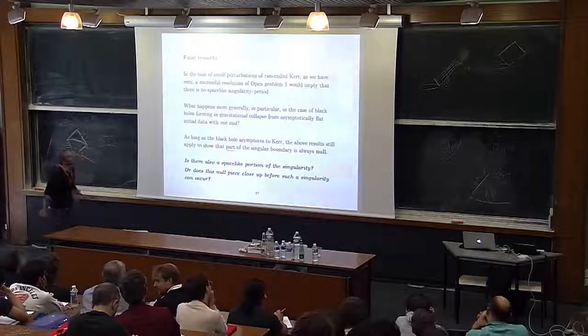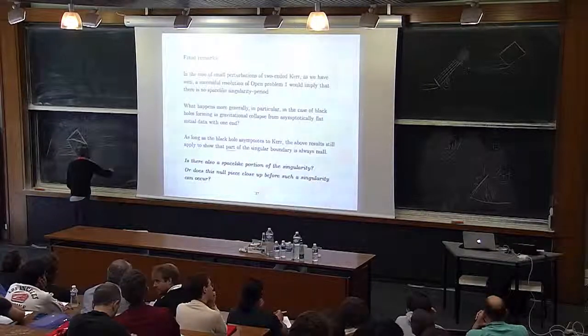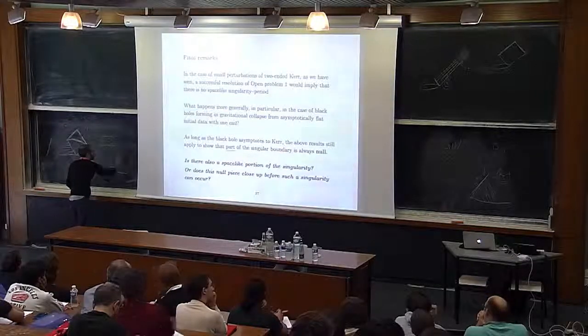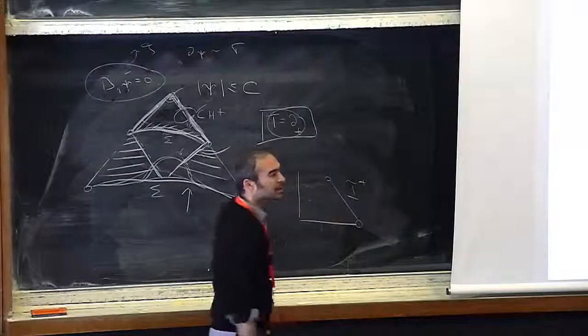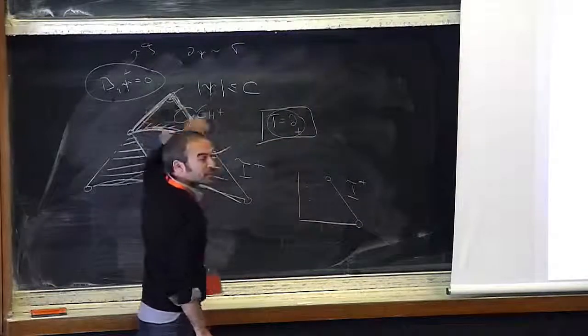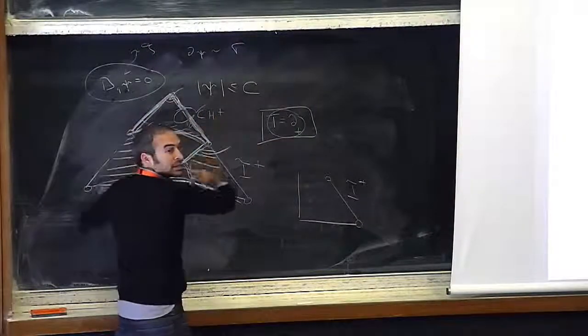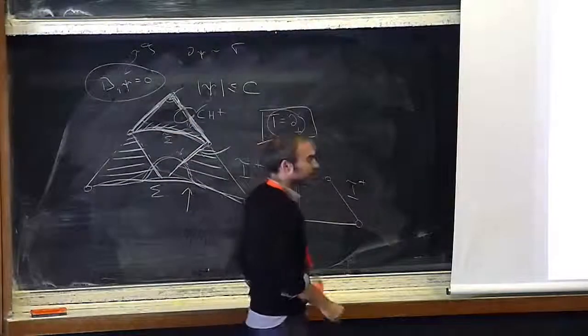But you might wonder what happens in the case where you have, let's say, black holes that come from gravitational collapse. So I'll make a schematic space-time diagram like this. Black holes that only have one end. Because you might think that the fact that the whole boundary is null is related to the fact that you had these two ends and they came together.